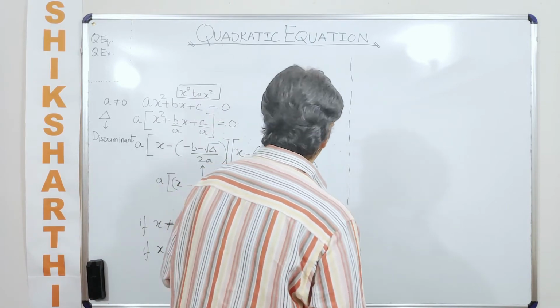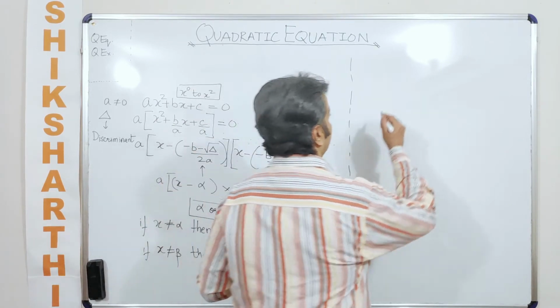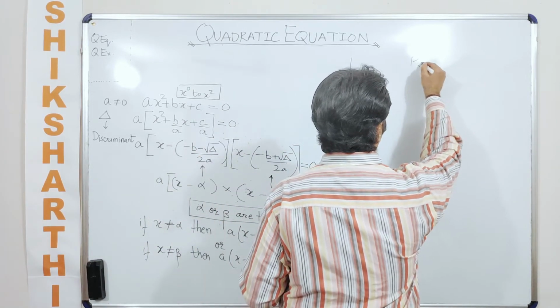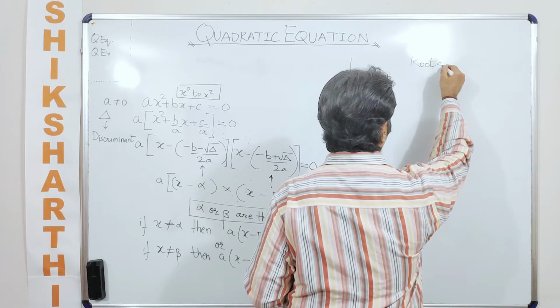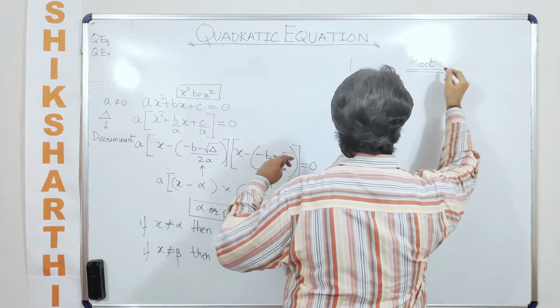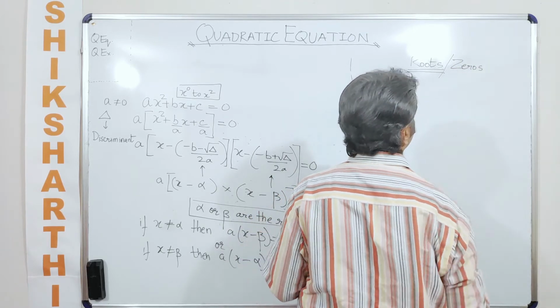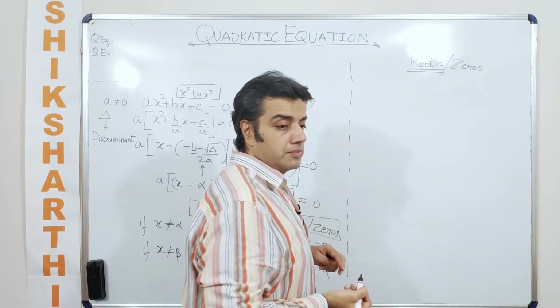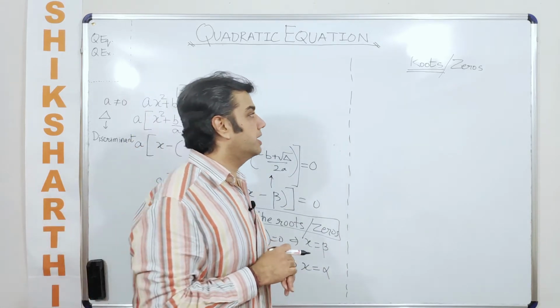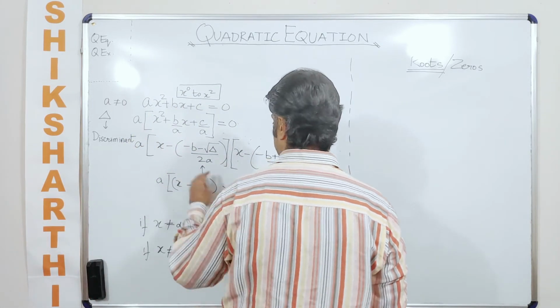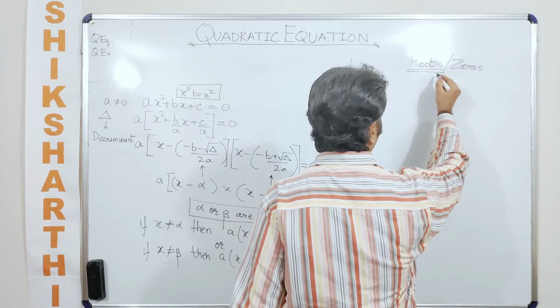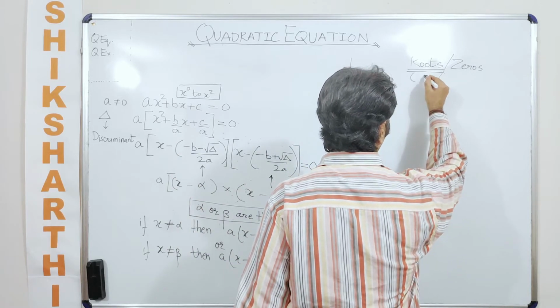Okay. Now the point here is, when I have roots, now some element of logic here. We are talking about the zeros or the roots of a quadratic equation. In that case, we already have the roots with us. So there could be only two conditions, and we know that there are two roots.